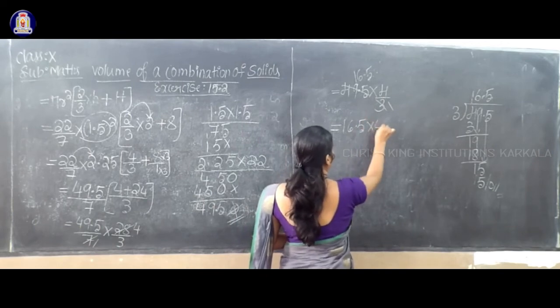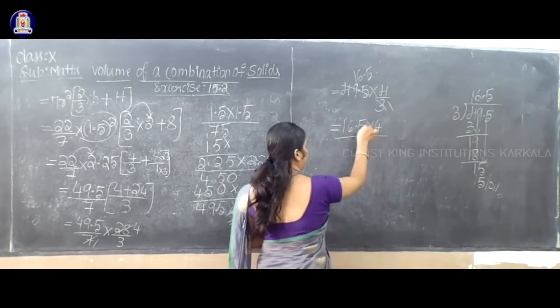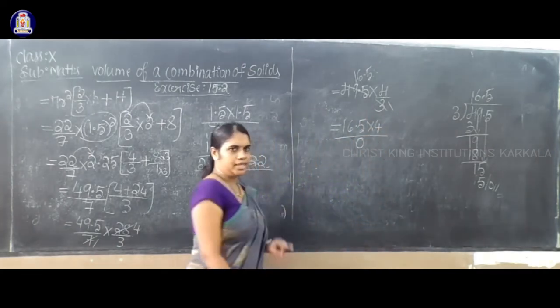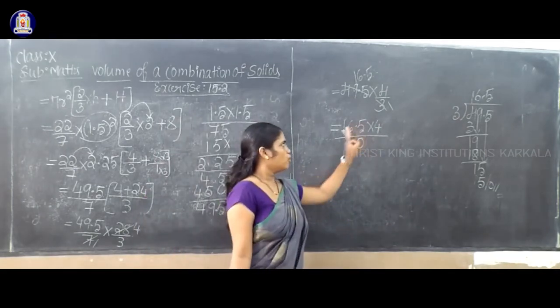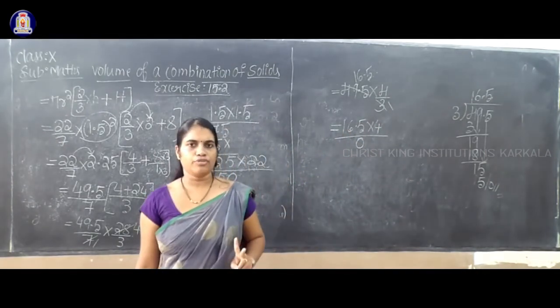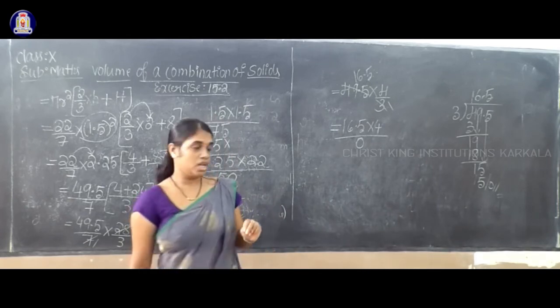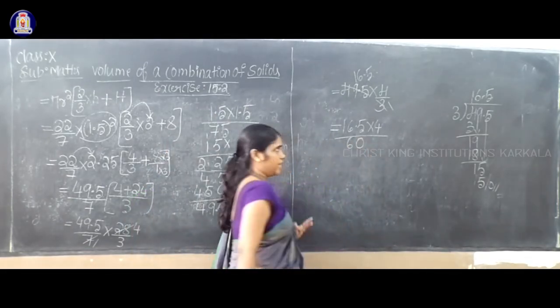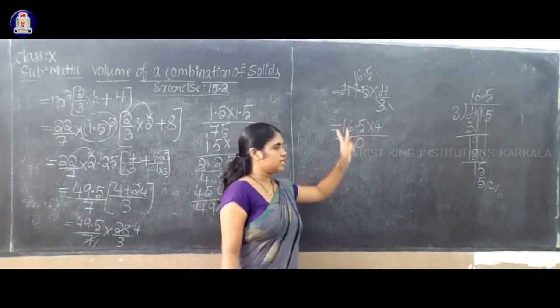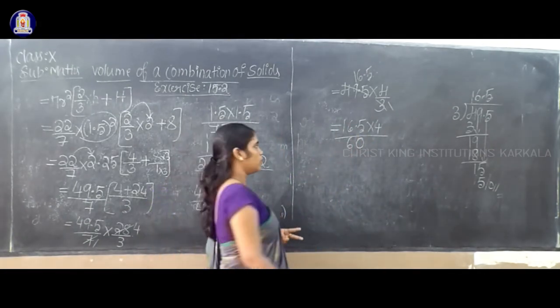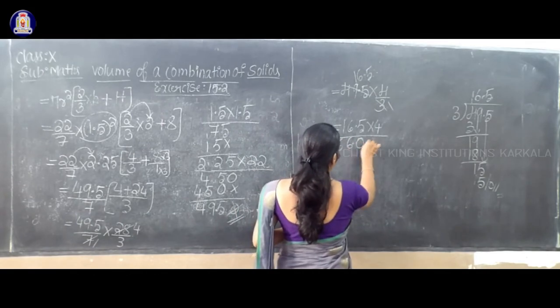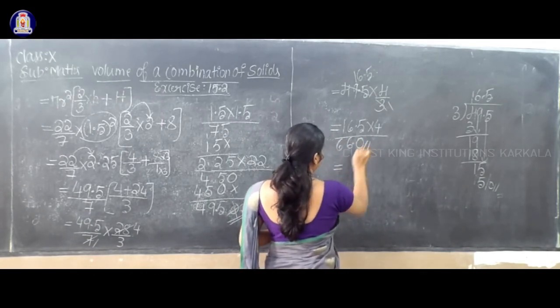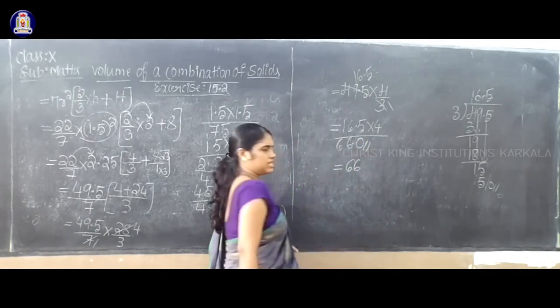Multiply: 5 4s are 20, 2 carry, 4 6s are 24, 24 plus 2 equal to 26. Again 2 carry, 4 ones are 4, 4 plus 2 equal to 6. So you will get 66.0. That is nothing but 66.